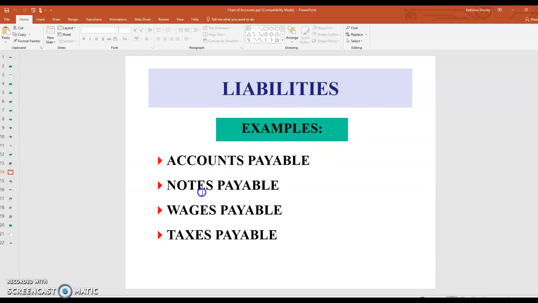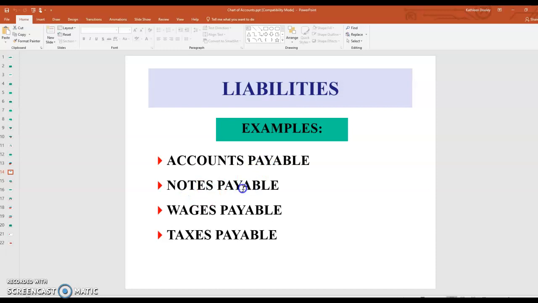We have accounts payable, notes payable, wages payable, taxes payable. Notice that all of these have the word payable, meaning we have to pay in the future. Right now, today, we owe it out to someone else, but we're going to have to pay it in the future. Payable. So accounts payable stands for when we owe it out to a vendor or supplier.